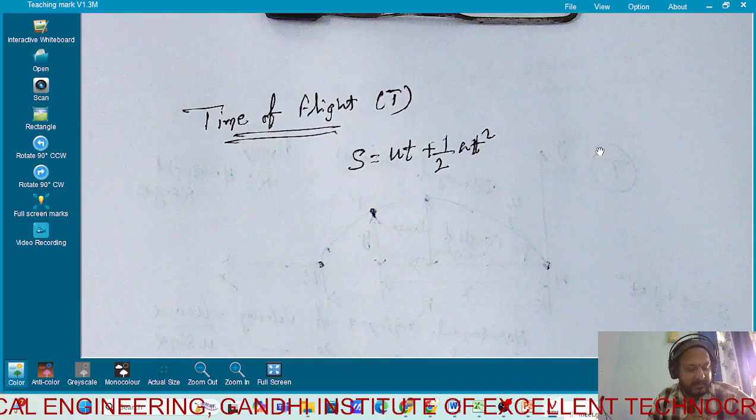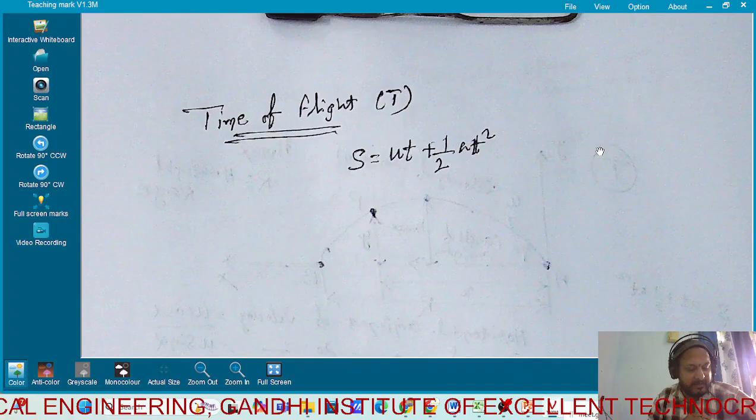The y coordinate, along the y axis. We have seen that particular diagram. Again, I'm showing you. Can you see here? I'm talking about this particular point, P.